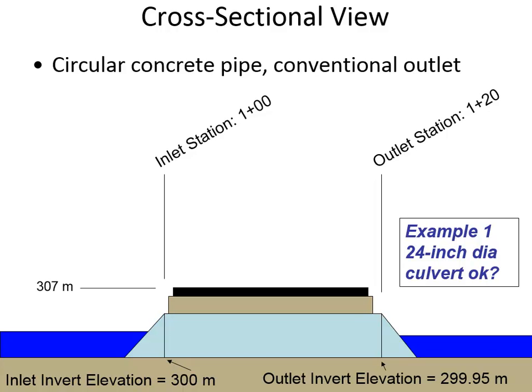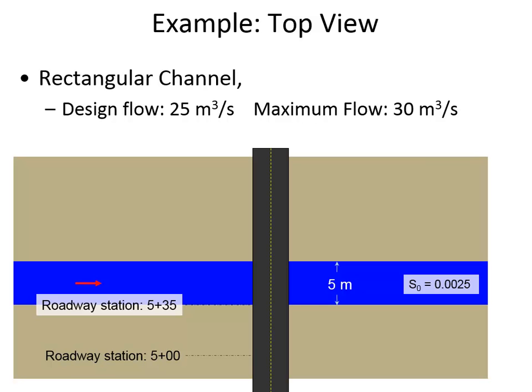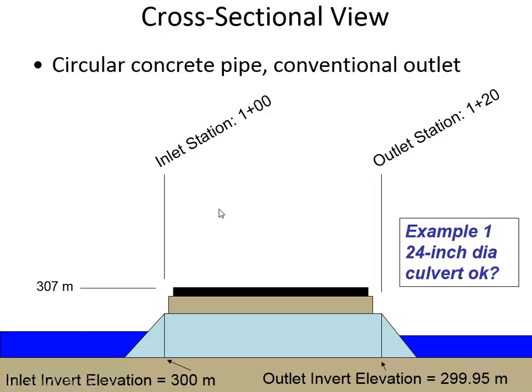Here's a cross-sectional view. This is what we see if we were to cut the culvert in this direction, with a line right here, and then look sideways. You can see that the culvert is 20 meters long. You can tell that from the inlet station and the outlet station. We know the invert elevation, meaning the bottom of the culvert opening, is 300.